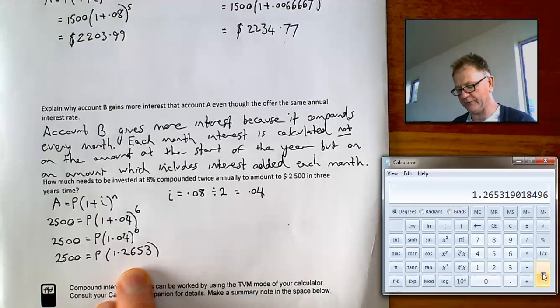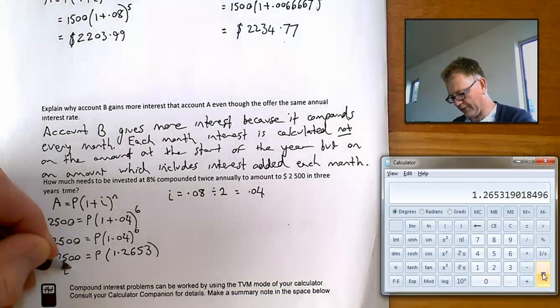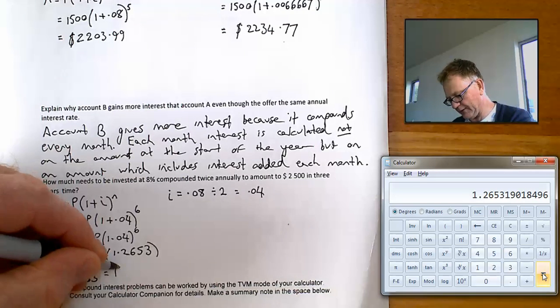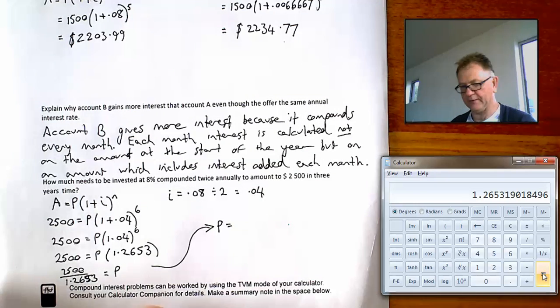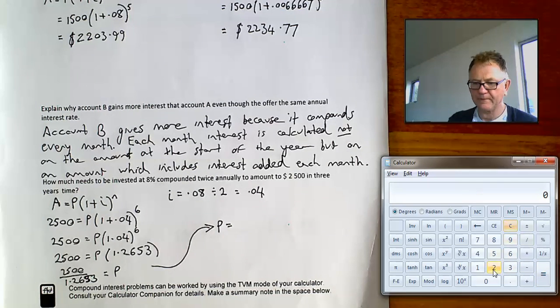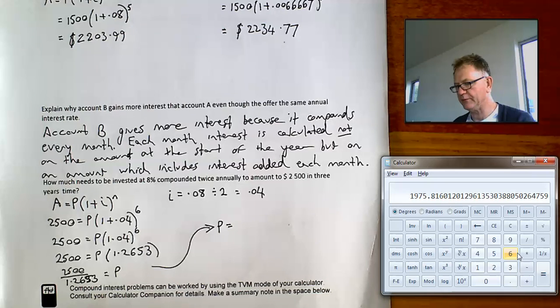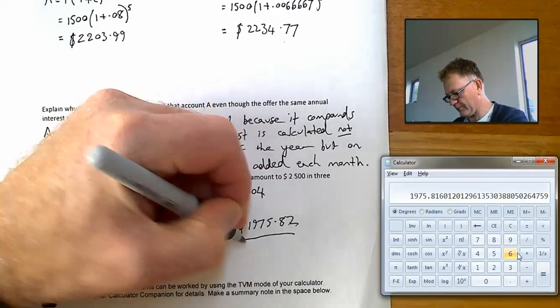So what I'll do is I'll divide both sides by 1.2635 to get P by itself in the equation. 2,500 divided by 1.2635 equals P, and that will mean P equals, and on our calculator, the amount invested is $1,975.82. There we have it.